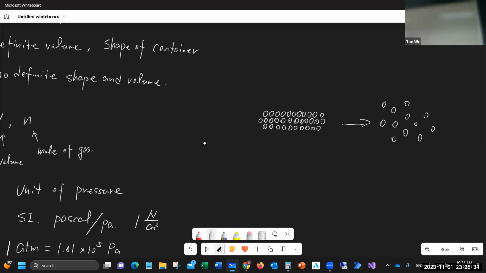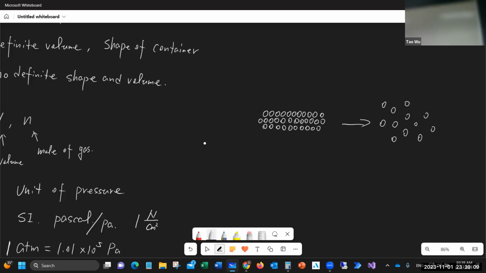You have more energy to work against the force. Liquid is doing the same thing. When the temperature goes up, each of the molecules gains more kinetic energy, so they start to work against the force between the molecules. That's why they have space to move around. They are still constrained by the force, but they have the ability to move around, just like when you're a teenager.